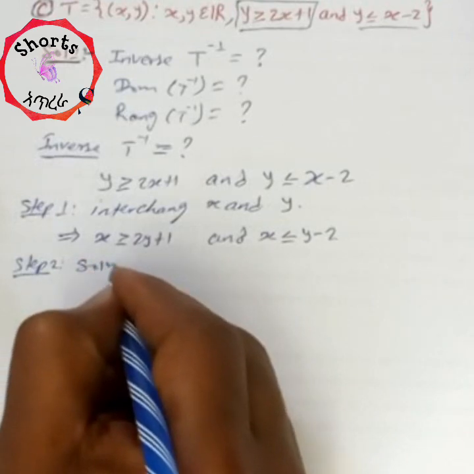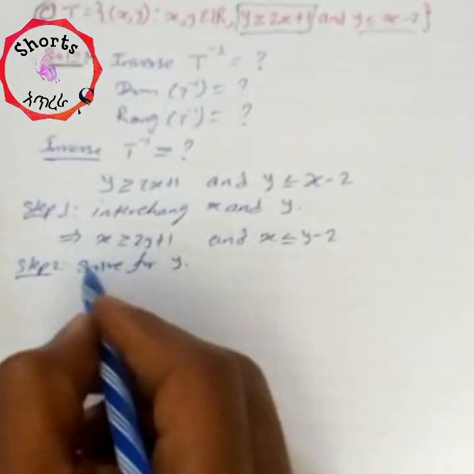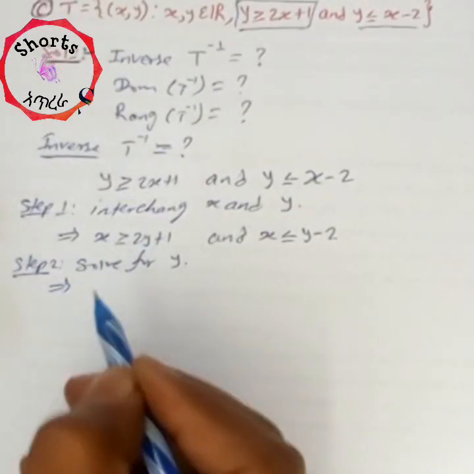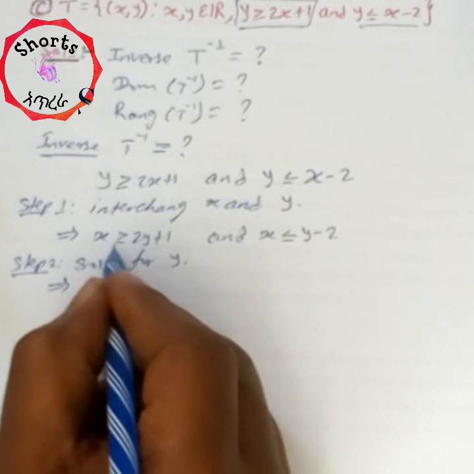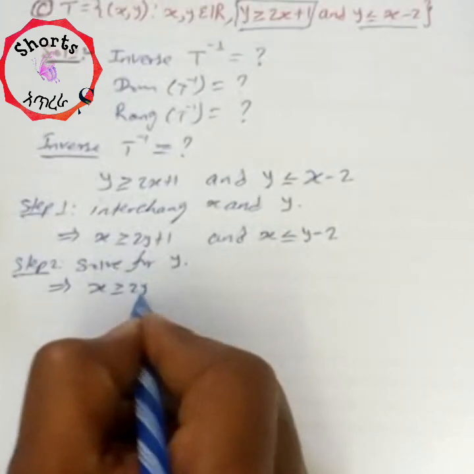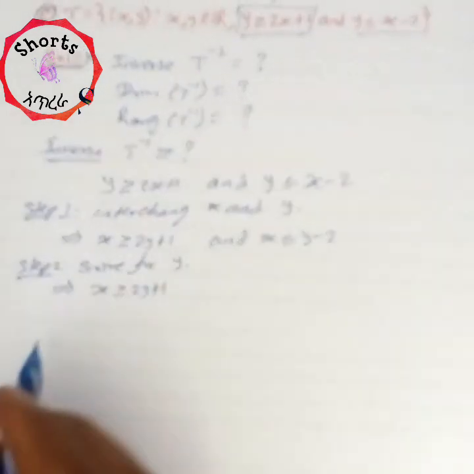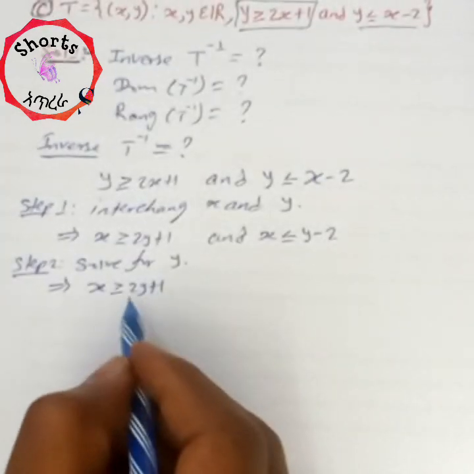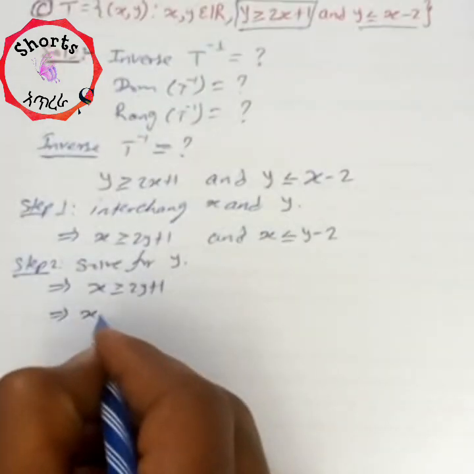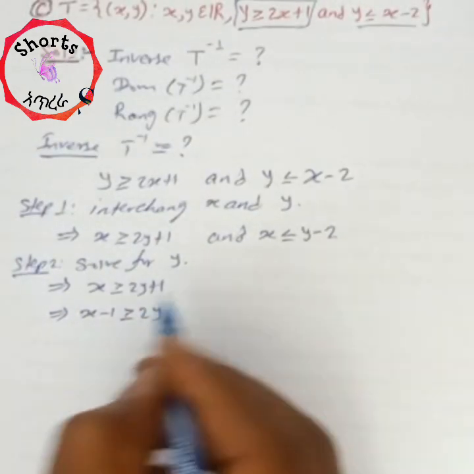Then, second step, solve for y. That is, write the inequality in terms of y. Here we obtained x greater than or equal to 2y plus 1. First, let us rewrite this inequality in terms of y. Collecting like terms, we get x minus 1 greater than or equal to 2y.